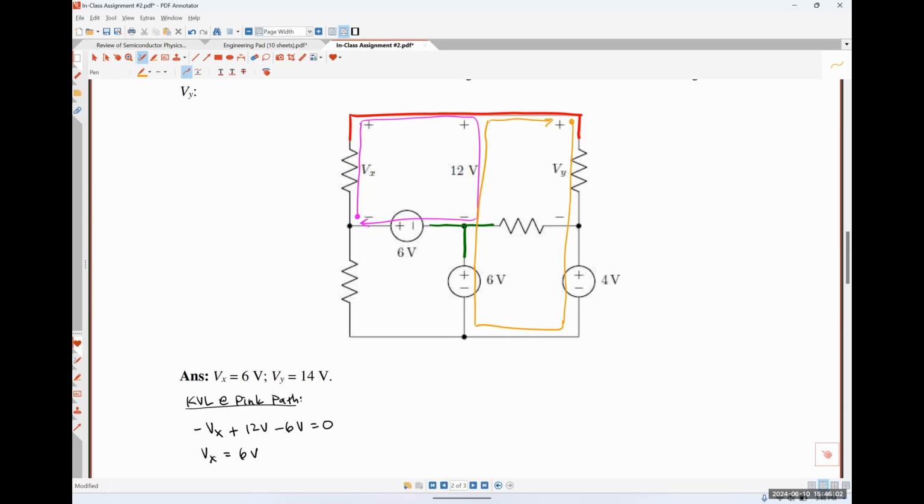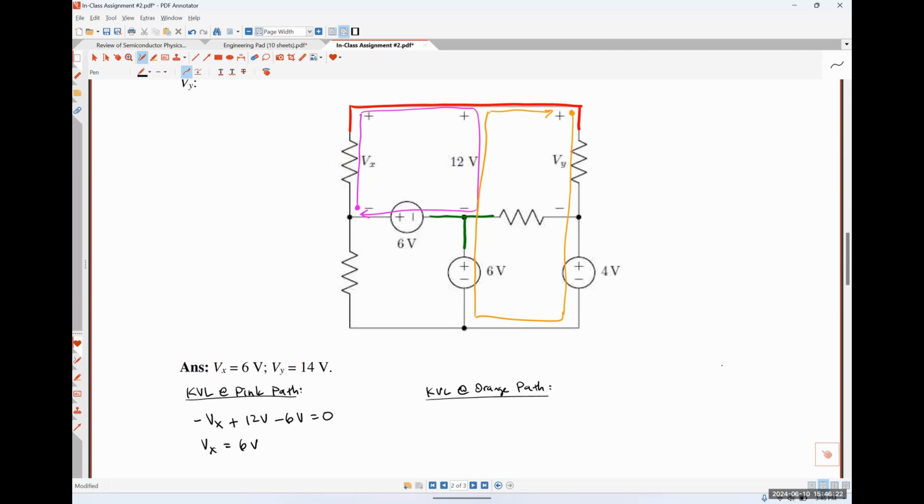So let's start here, just because that's where I started drawing the line. So KVL at the orange path. So what would that KVL expression look like? Positive Vy, plus 4V.